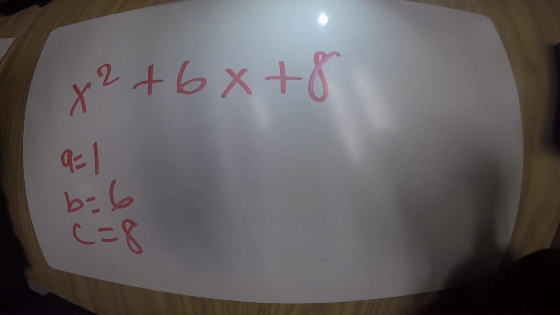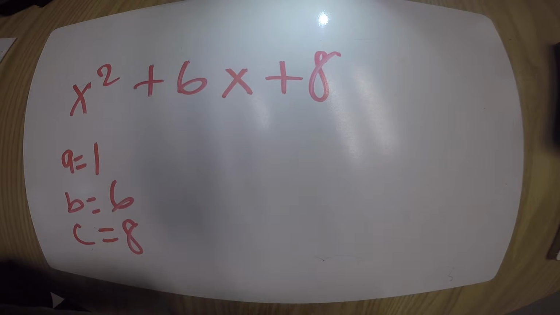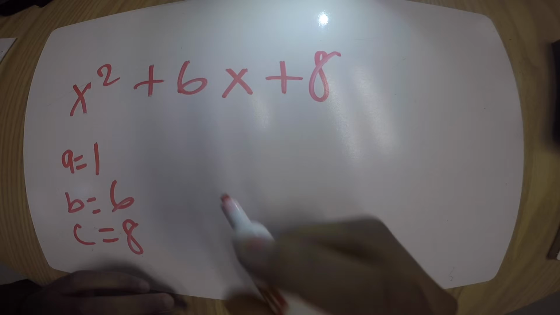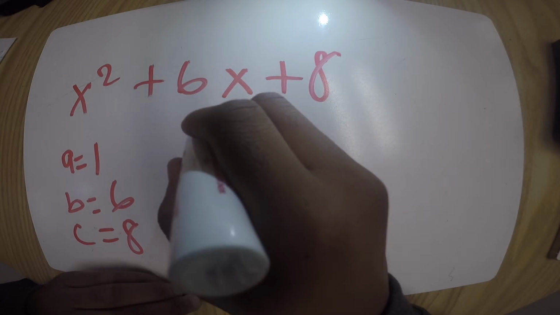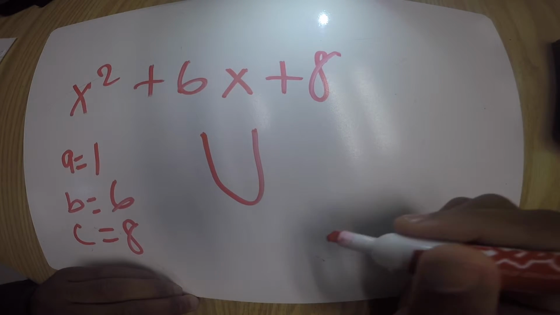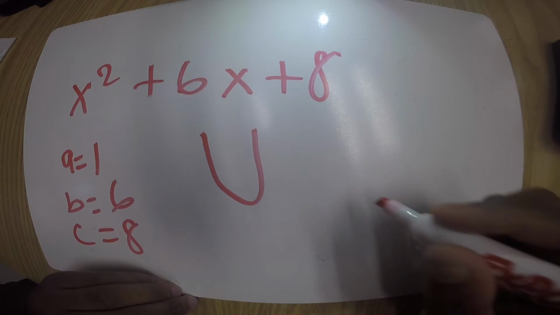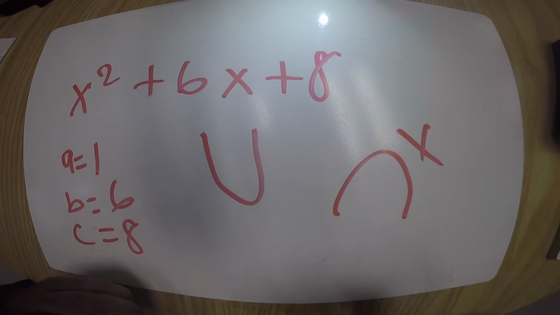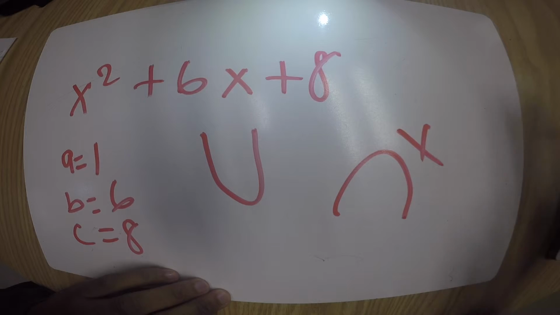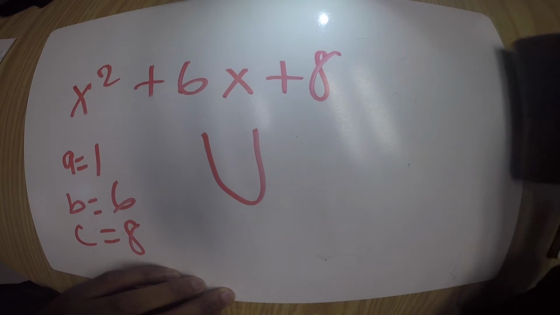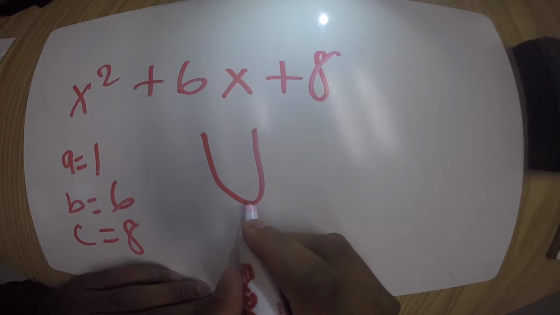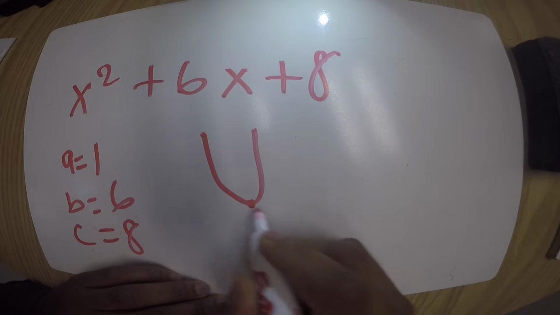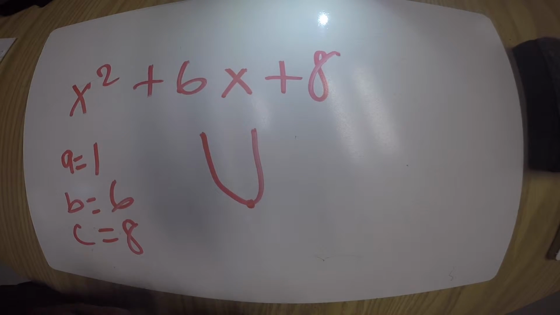Okay. If the a is positive, then our graph would be concave up. That's concave up. If it was negative, then it would be concave down, but it's not negative, so it's concave up. When it's concave up, then you know there's a min, because right here, where the vertex is, it's at the bottom, so that's a minimum.